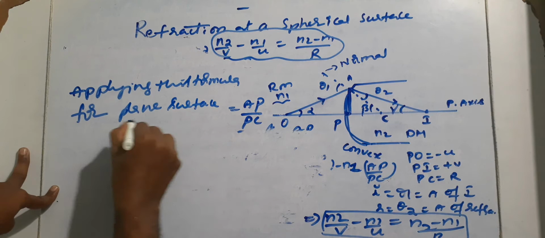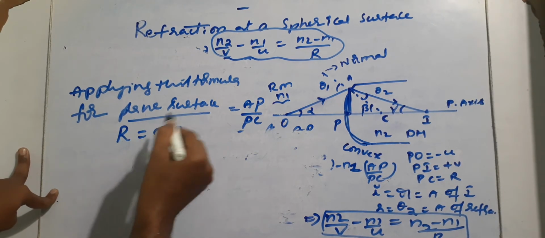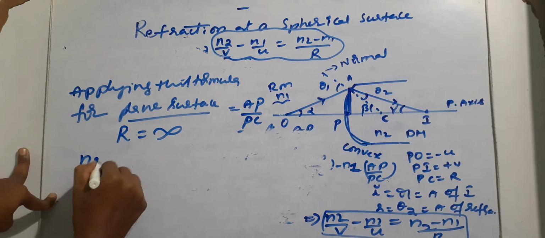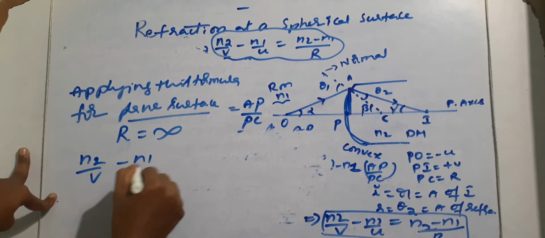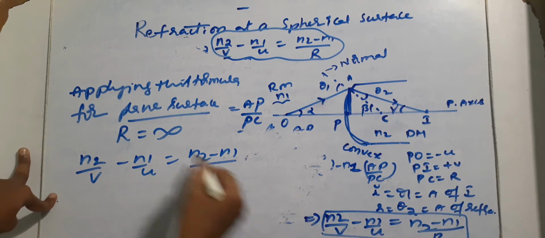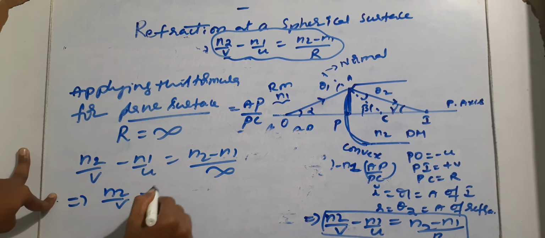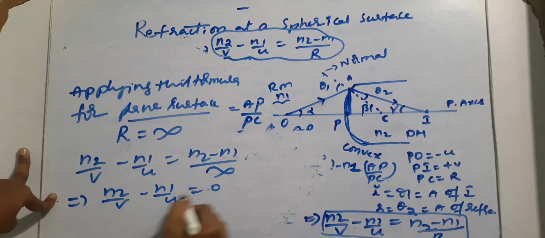For a plane surface the radius is infinity, students, then n2 by v minus n1 by u is equal to n2 minus n1 by r, where we take r as infinity. This implies n2 by v minus n1 by u is equal to 0.